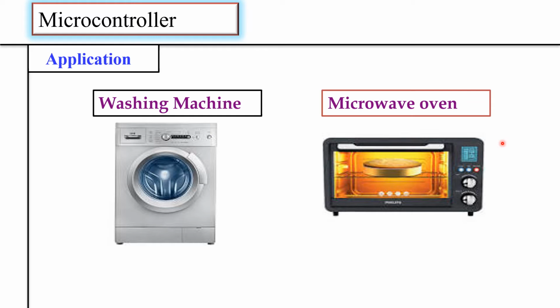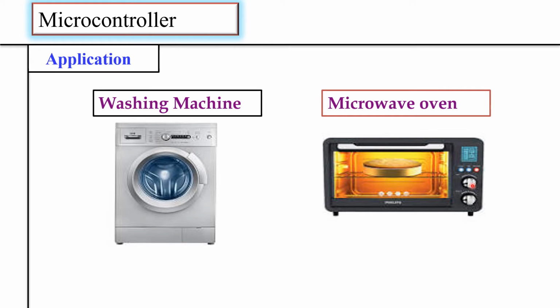If you see all these devices, they perform a predefined task. Like in the case of microwave oven, once you set the power and timing, it gives you the cooked food. Likewise, in the case of washing machine, once you set the parameters of the machine, it gives you clean and dry clothes.